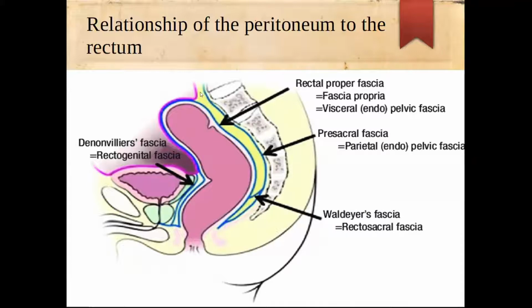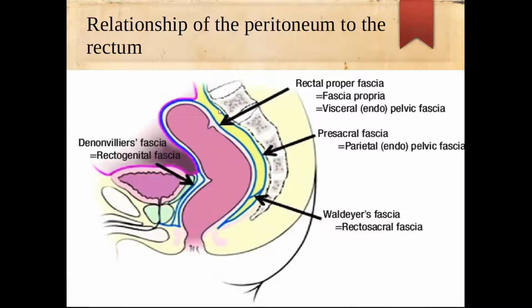There is another important fascia called the presacral fascia. When you try to resect a lower rectal cancer, you have to go in this holy plane between the presacral fascia and the fascia propria of the rectum.